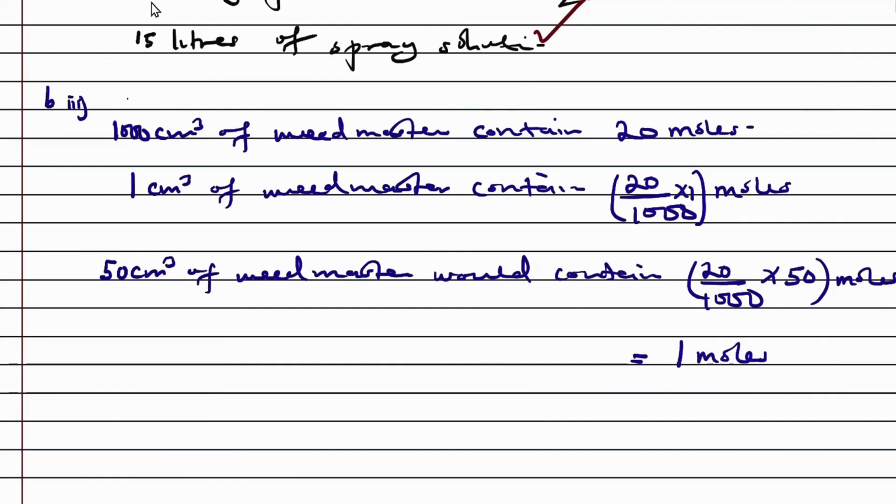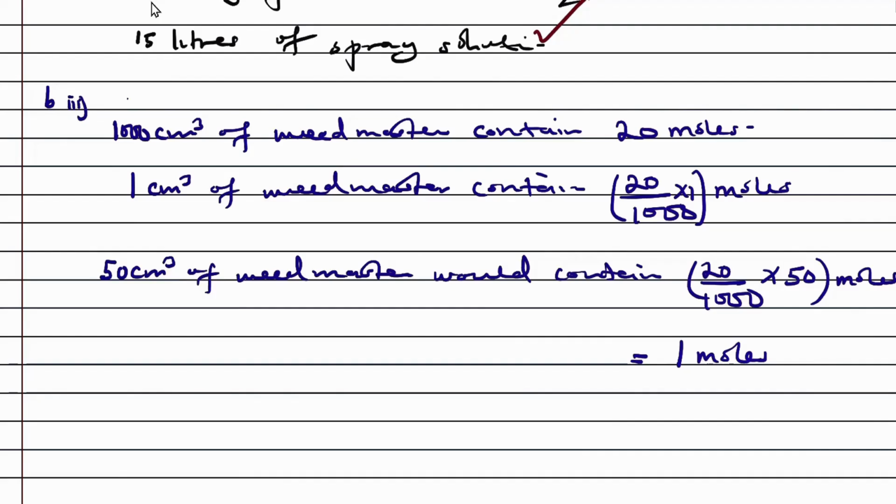And remember they're asking for the number of molecules. From Avogadro's constant or number, it says that 1 mole of a substance contains 6.02 exponent 23 particles, and these particles can be molecules, atoms, electrons, ions. But for this part, which is part B, Roman numeral 3, it requires us to get the number of molecules.